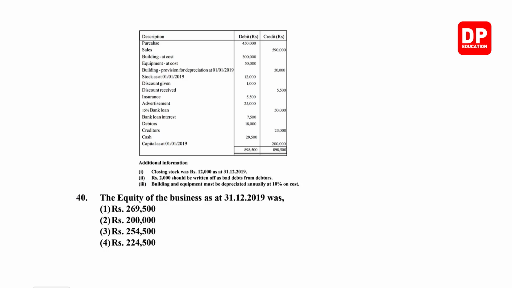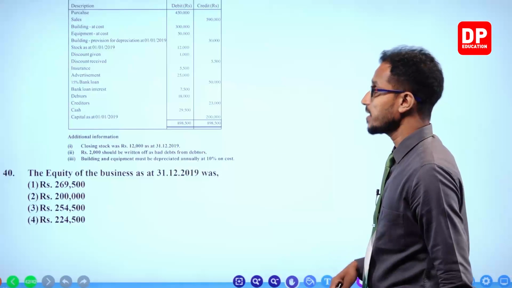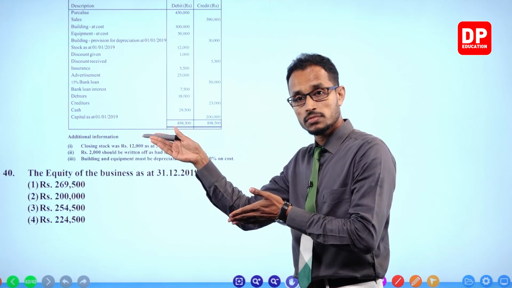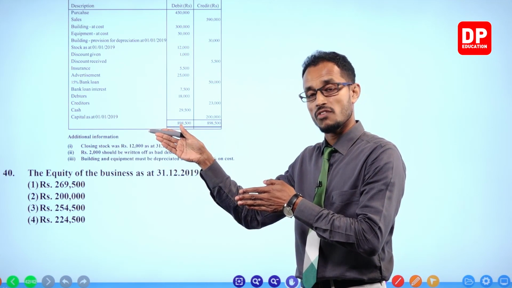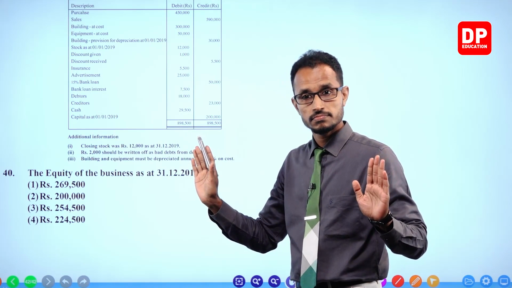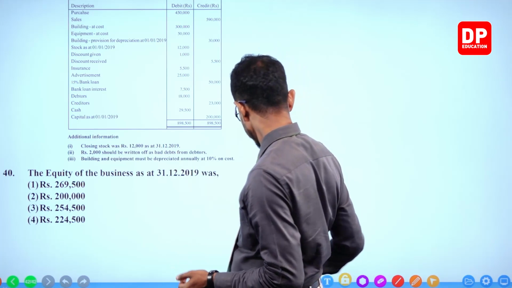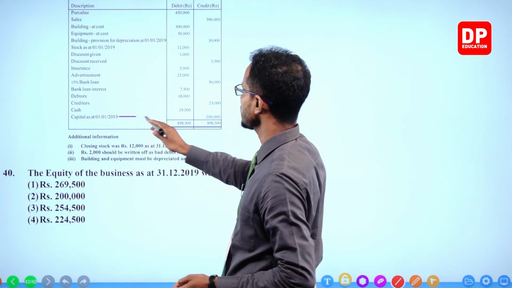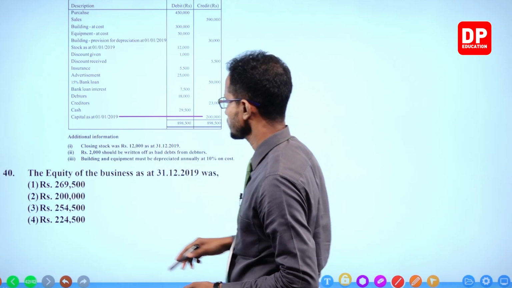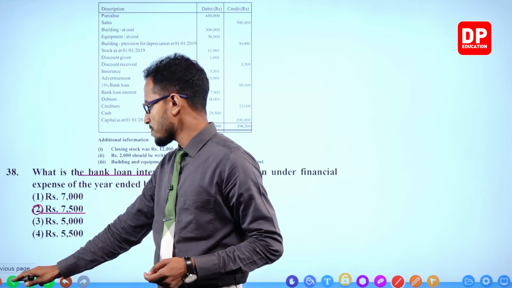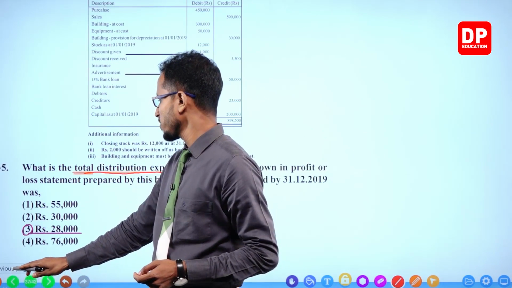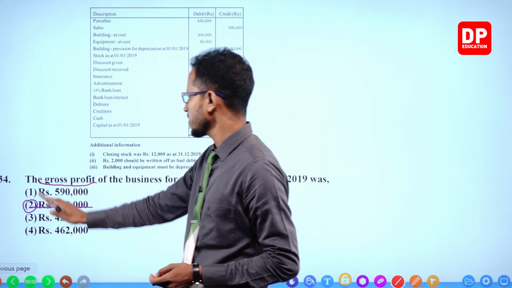Last question. Equity of the business. Oh my god. Equity. How to calculate equity? Take the original capital and add the net profit of the year. Take the original capital, which is given here, the opening capital, 200,000, plus the net profit, and we already have the net profit.